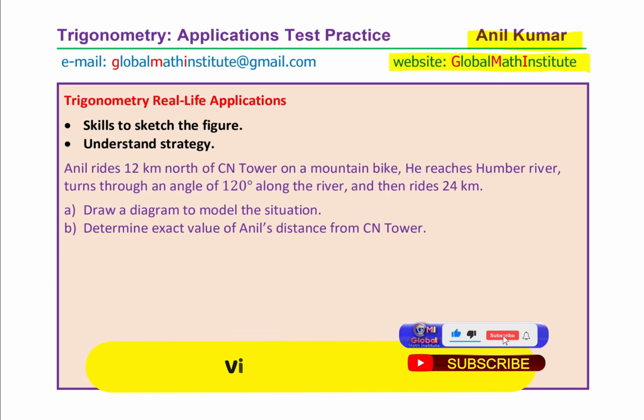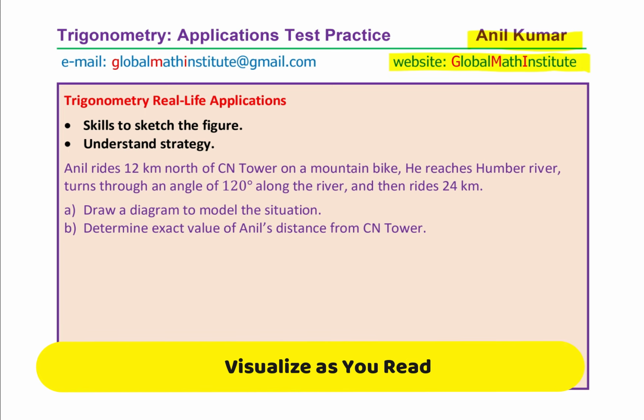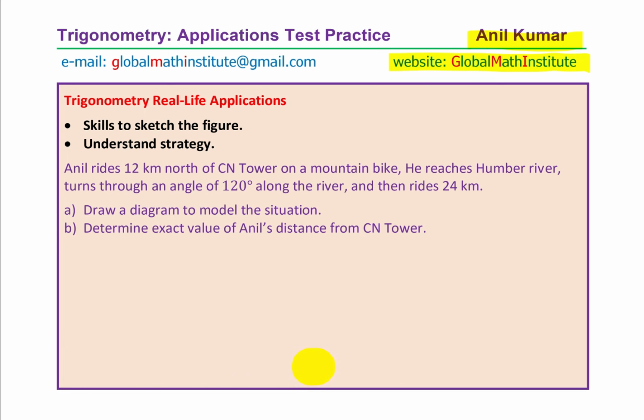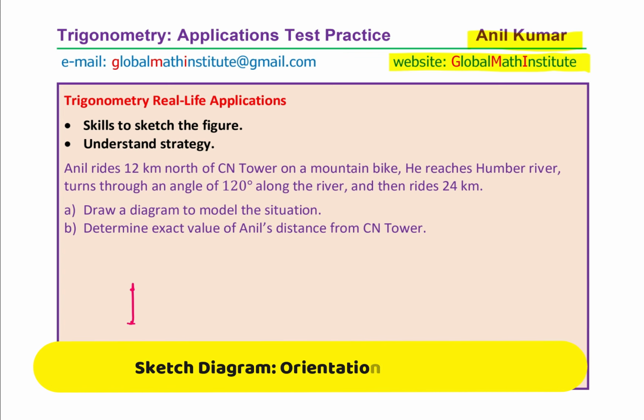So very simple question, real life Toronto situation. Humber River, where I'm talking about, is almost 20 kilometers from CN Tower. So let's sketch the diagram first, which is key for solving such questions. Let's say this is the CN Tower, right? Anil is driving north.